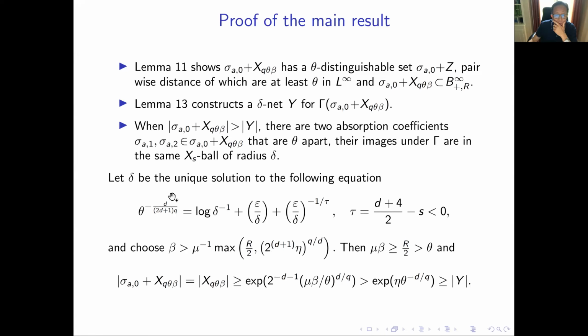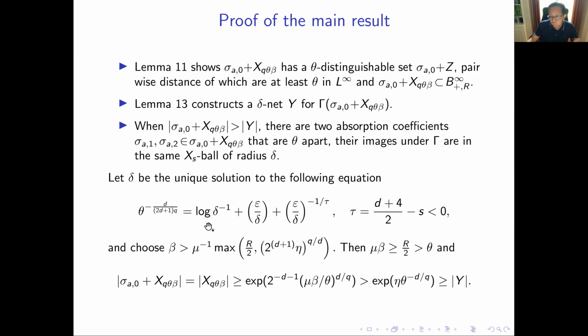This is coming from your perturbation: sigma is how far apart the coefficients, the two parameters, are in the sigma distinguishable set, and delta is how close the delta net is.